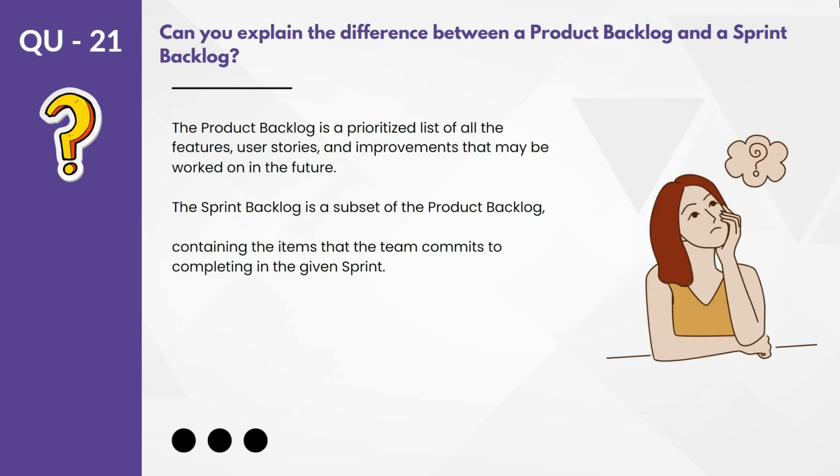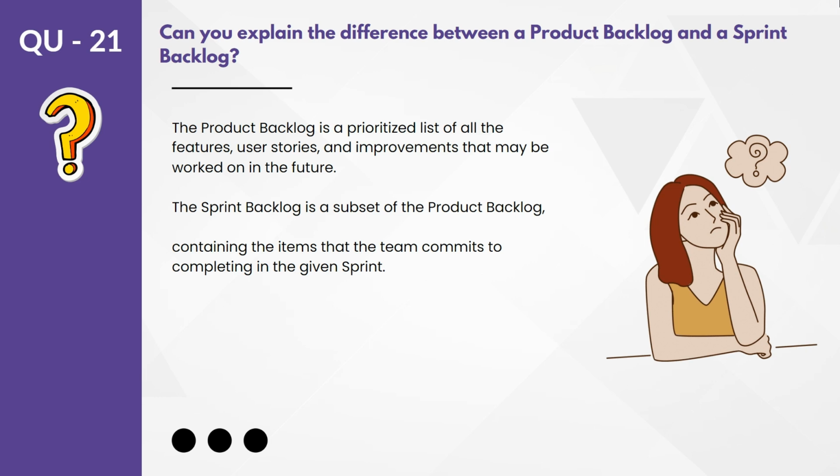Question number 21: can you explain the difference between a product backlog and a sprint backlog? This is a very straightforward question. I think it's very clear, very easy to talk about. The product backlog is a prioritized list of all the features, user stories, and improvements that may be worked on in the future.